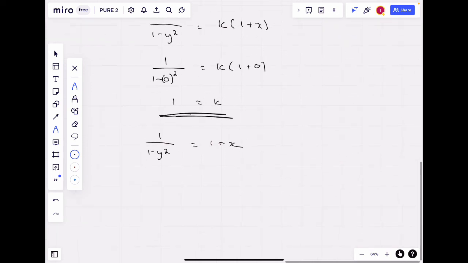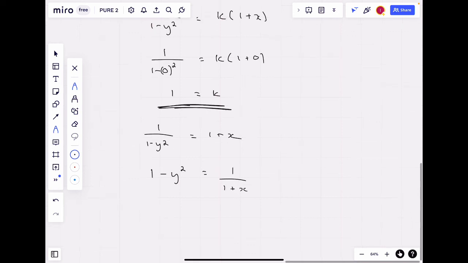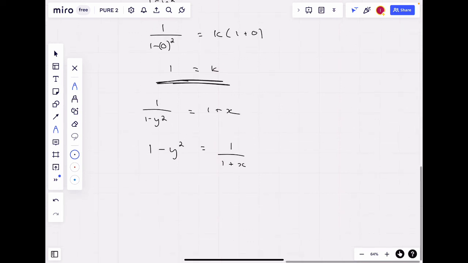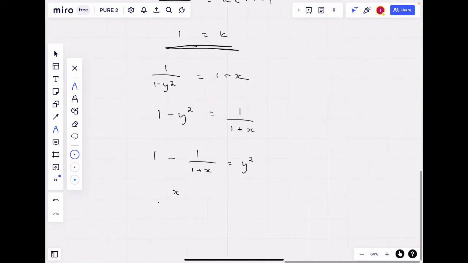From here, if we flip them both upside down, and now we move the y² to the right and the fraction to the left, simplifying that would give this, or you can have 1 + x in the denominator, it doesn't really make a difference.